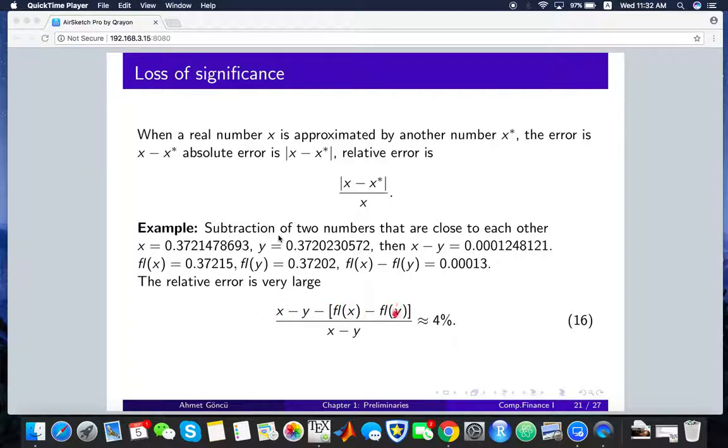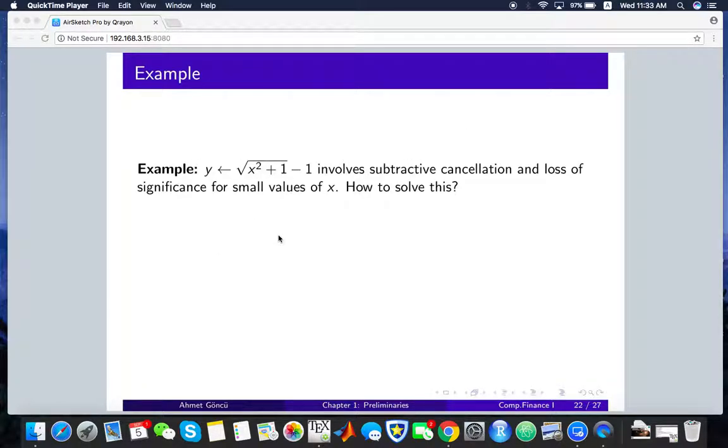But if we approximate x and y and then subtract, this includes some error due to the approximation. If we divide by the true value, x minus y, that's the relative error. In this case, the relative error is quite high, at 4%.